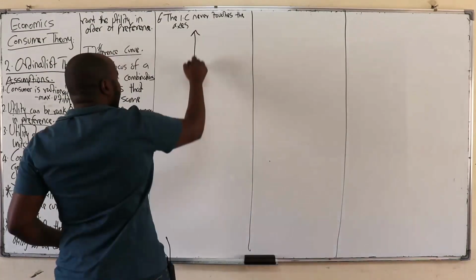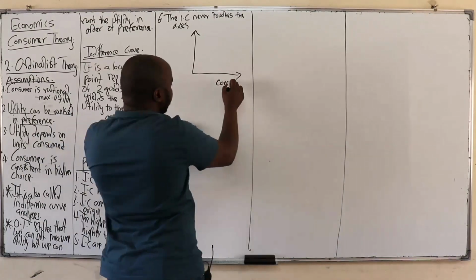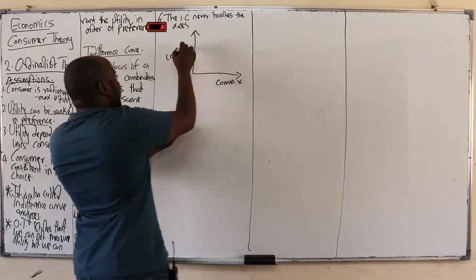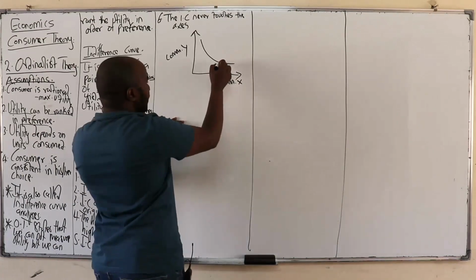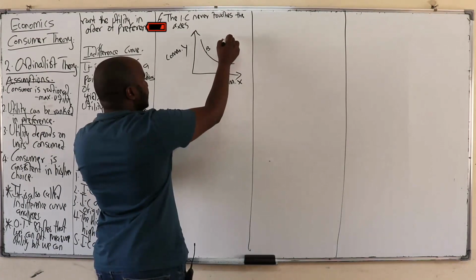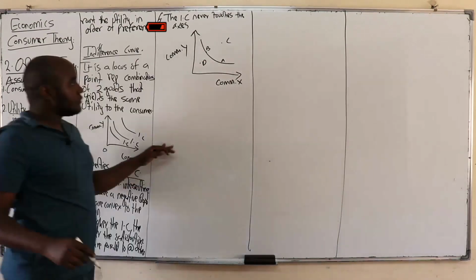Assuming now we have commodity X here, I want us to just understand this, and this is our indifference curve. This is point A, point B, point C, point D.